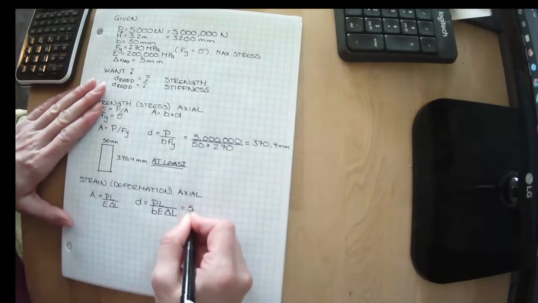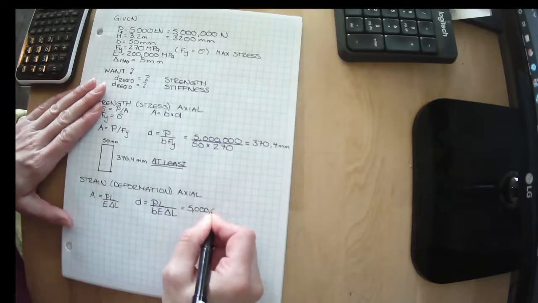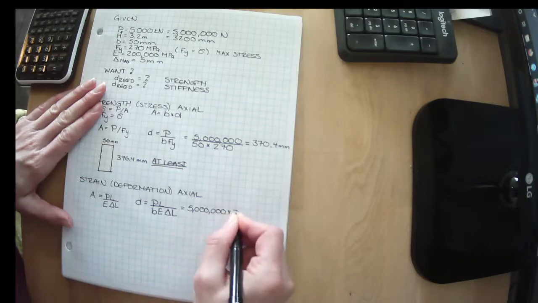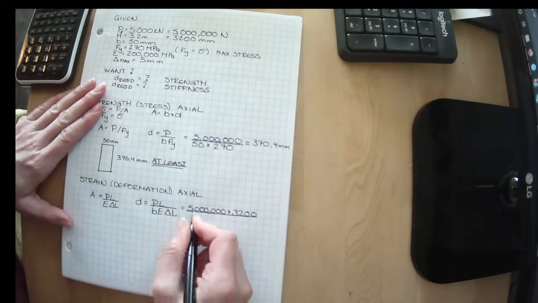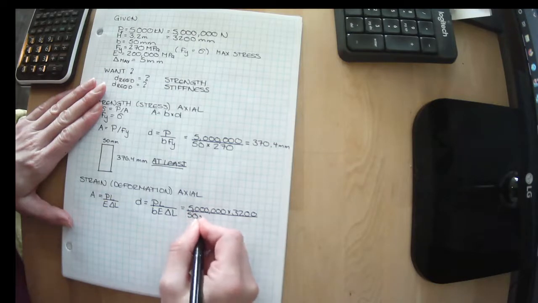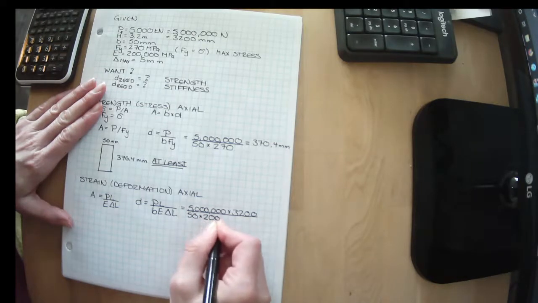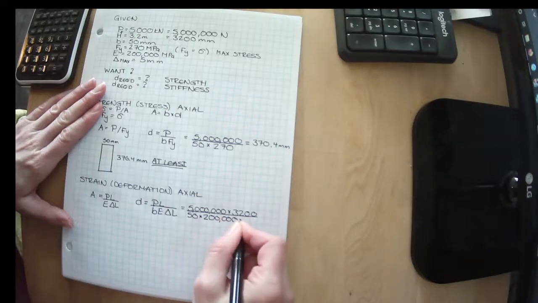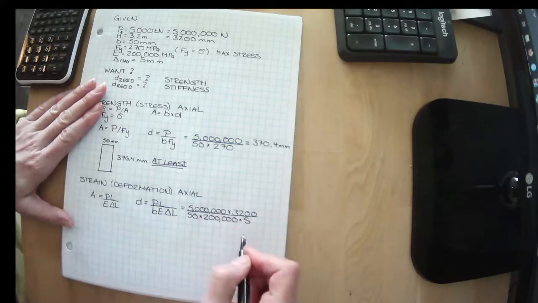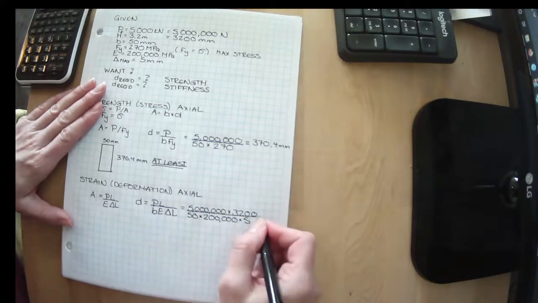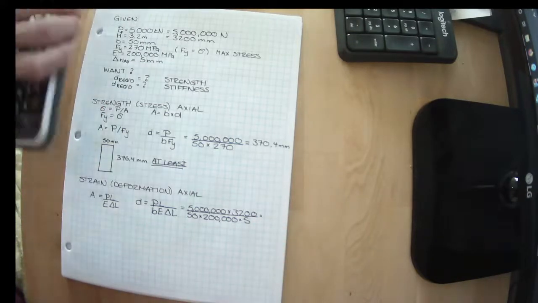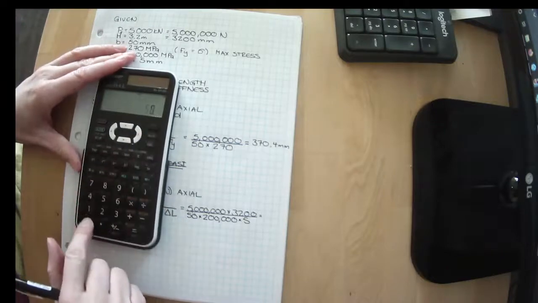So we have 5 million times 3,200 divided by 50 divided by 200,000 divided by the 5 millimeters, which is the maximum we possibly want to see. We can plug all of that in.